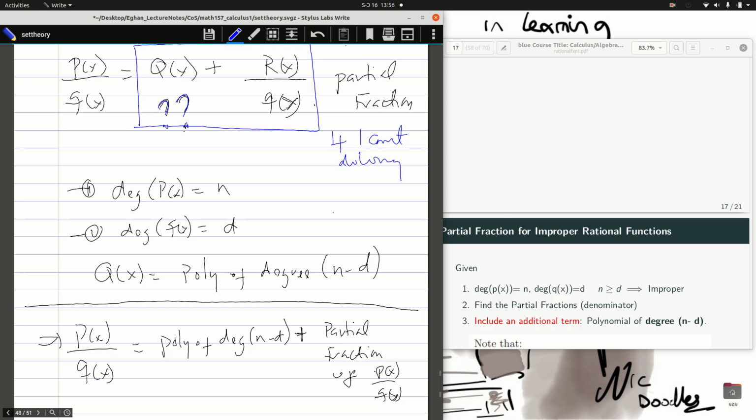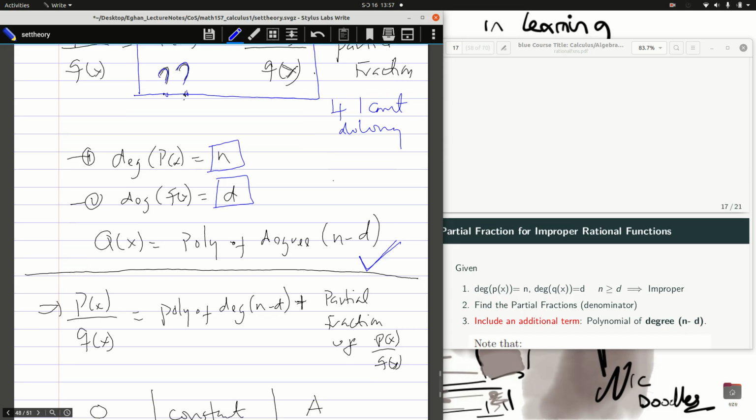This is how you obtain your q of x. You find the degree of your numerator, let's assume it is n. You find the degree of the denominator, let's assume it is d. Then q of x becomes a polynomial of degree n minus d. That is how your q of x would be.